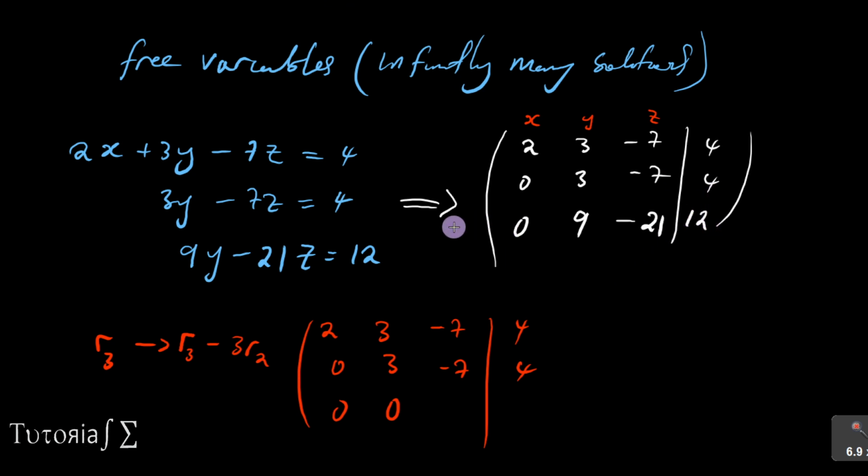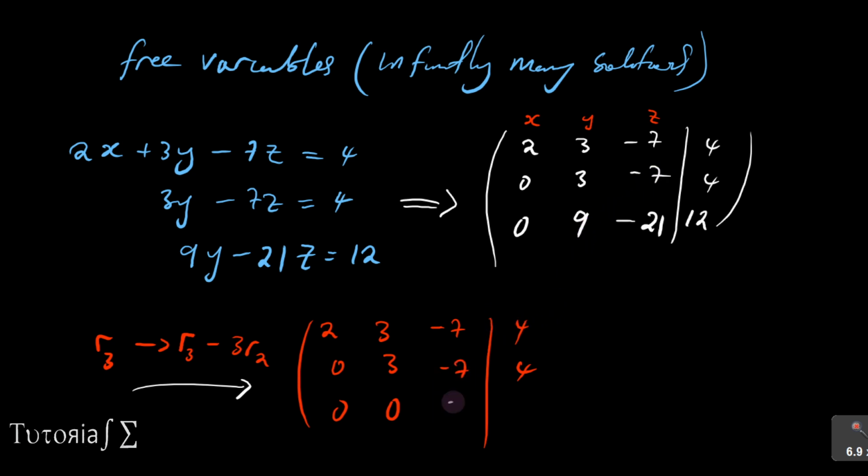Suppose we have this, we've converted it to this, and now we need to make an upper triangular matrix. We need a 0 here. So we said row 3 should be equal to row 3 minus 3 row 2. Now here we're going to have row 3 that is negative 21, and negative 3 times that will be positive 21.